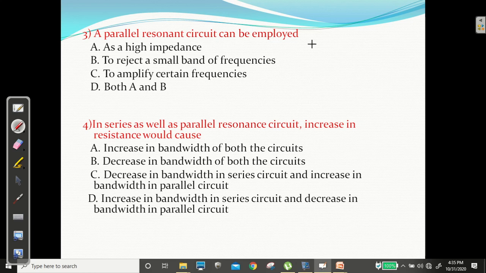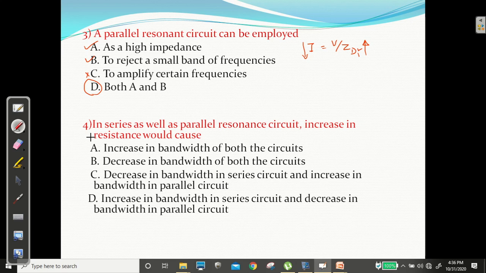Yes, we know I equal to V by Z. And we know under the resonant condition, current should be low. Current will be minimum, so Z will be maximum. That is also correct. To amplify a certain frequency, no. So D is correct. Both are correct. So 3, D is correct, A and B, right?